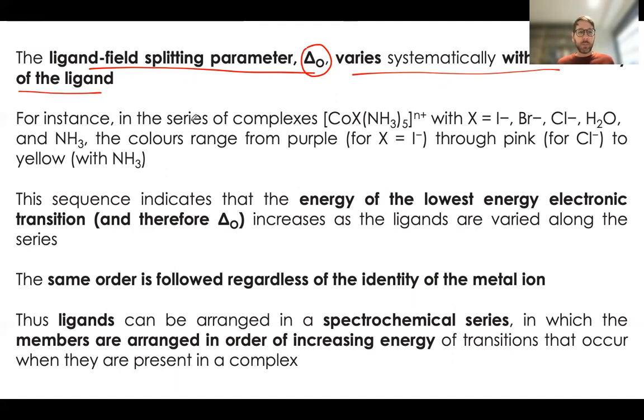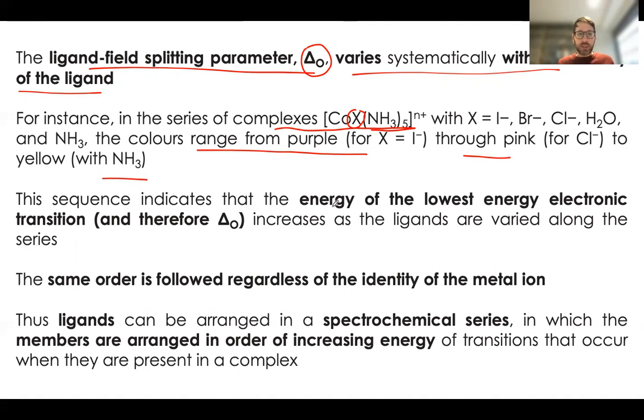So, for example, if we consider the series of complexes like this, in which we vary the identity of X, we see that the colors range from purple through pink and yellow, and these different colors mean different energies of absorption, which means different magnitudes of this ligand field splitting parameter, because these will change the difference in energy between the t2g and eg orbitals.